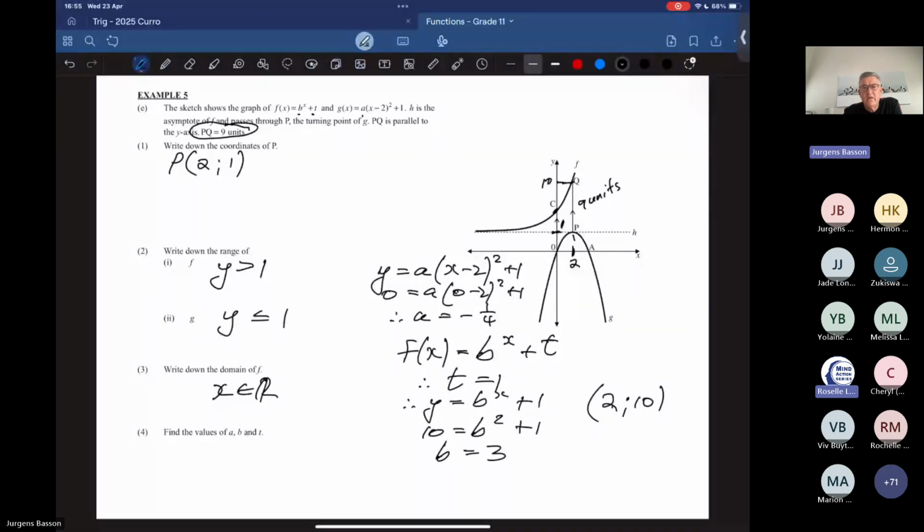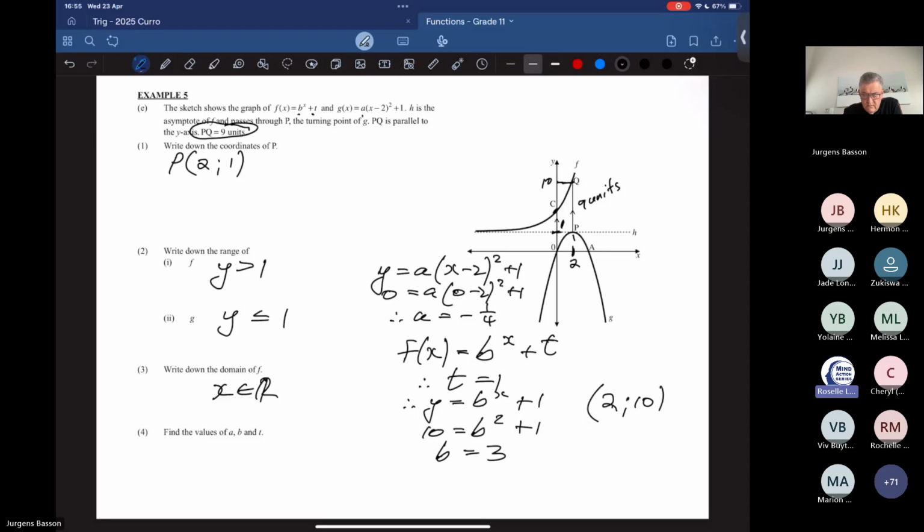You want me to read the question again? Please, yeah. Okay, in the previous question, that 4, instead of using PQ and subbing the coordinates of Q, could they find the coordinates of C?